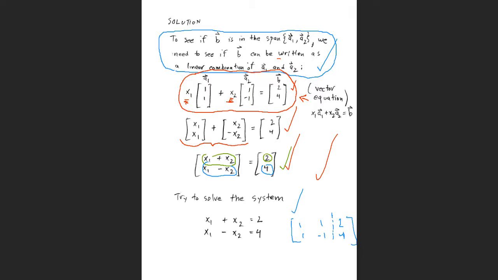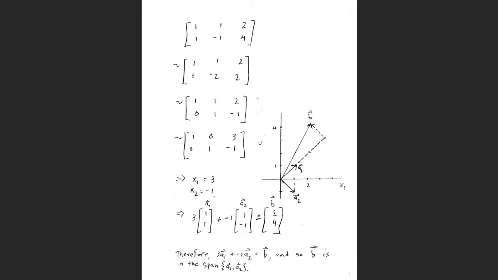Okay, let's solve the system. We're used to writing the system as an augmented matrix, and we'll do row operations here. That's easy enough. Let me blow that up a little bit.